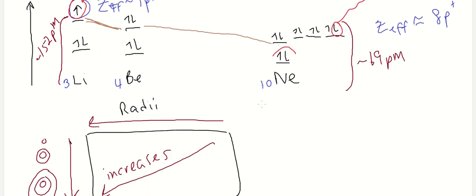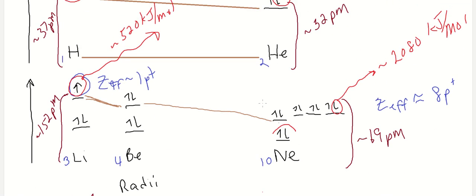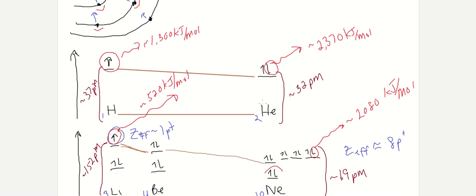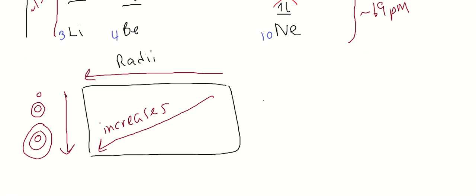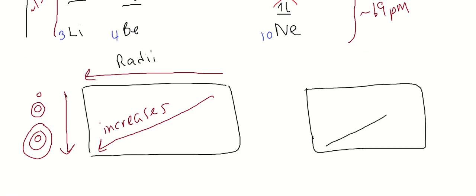So your overall trend, let me zoom out on this so you can see all the corners there. The general trend for ionization energy is, as you go up and to the right of the periodic table, it requires more energy to remove those valence electrons.